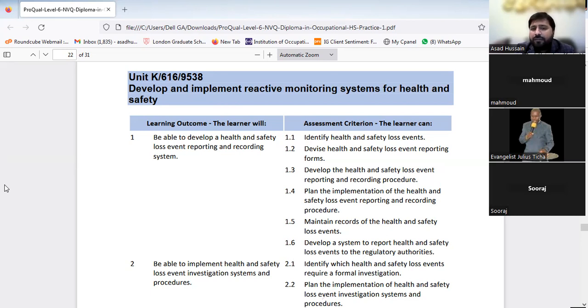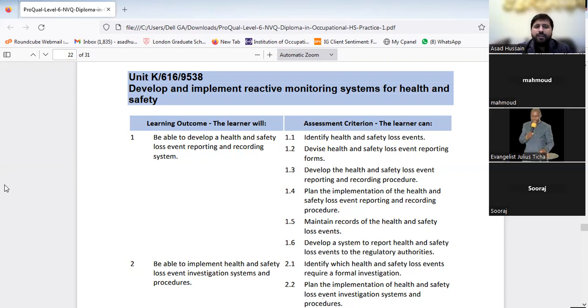So you have to give as evidence an accident form, an incident reporting form, a near miss reporting form, or whatever types of reporting forms you have in your organization.